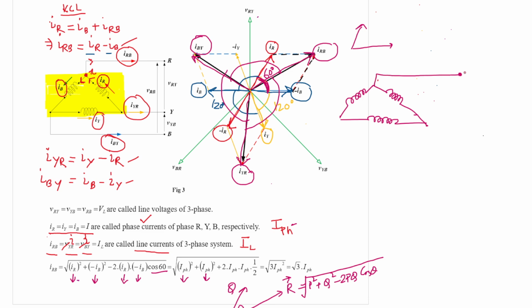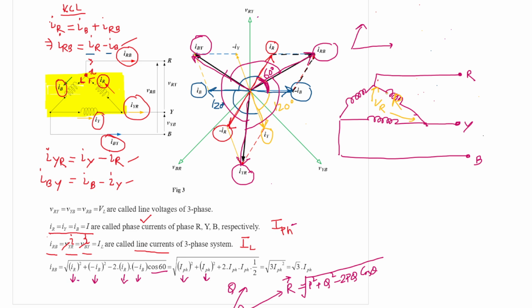This is R phase, this is Y phase, and this is B phase. Now if this represents R phase only, then the voltage appearing across R phase is only VR. Let us say this represents only R phase. So the voltage appearing across R phase is VR. So the phase voltage is VR.